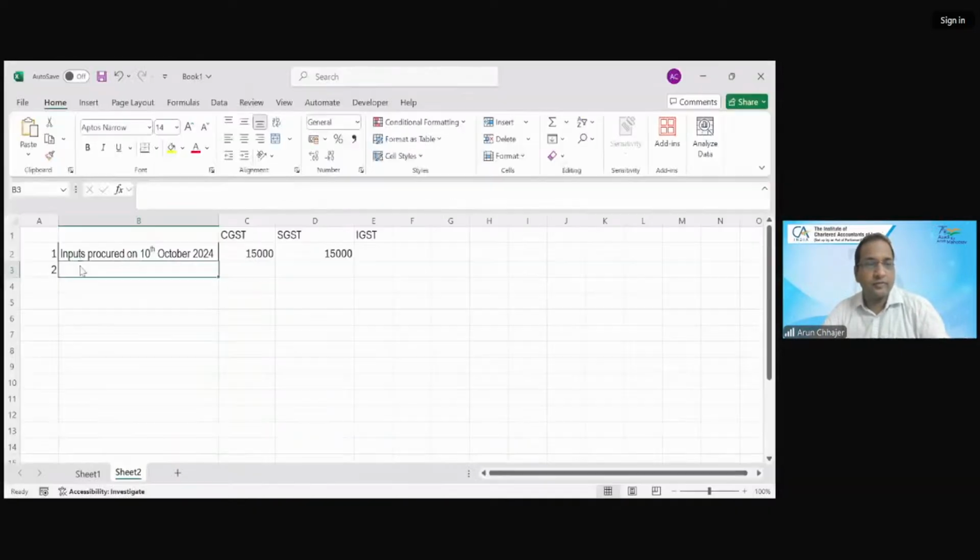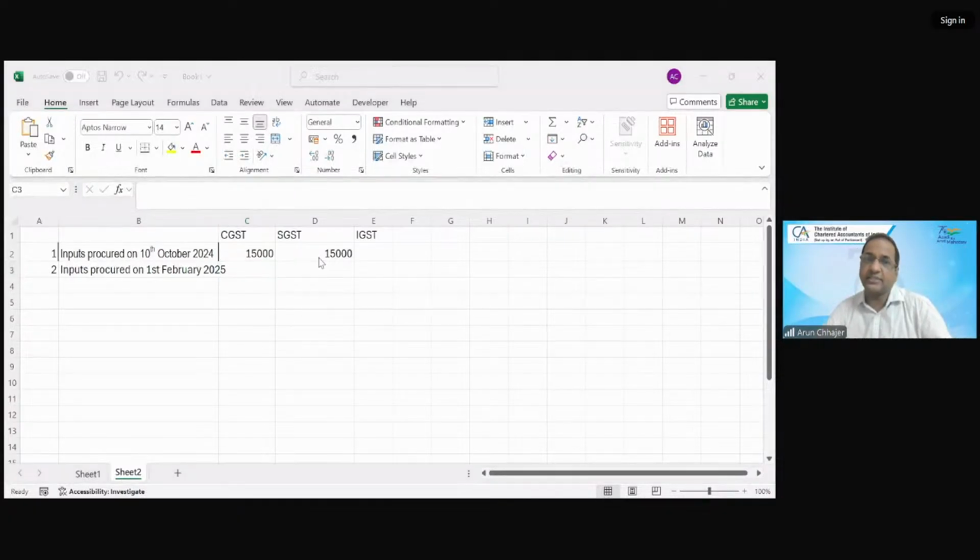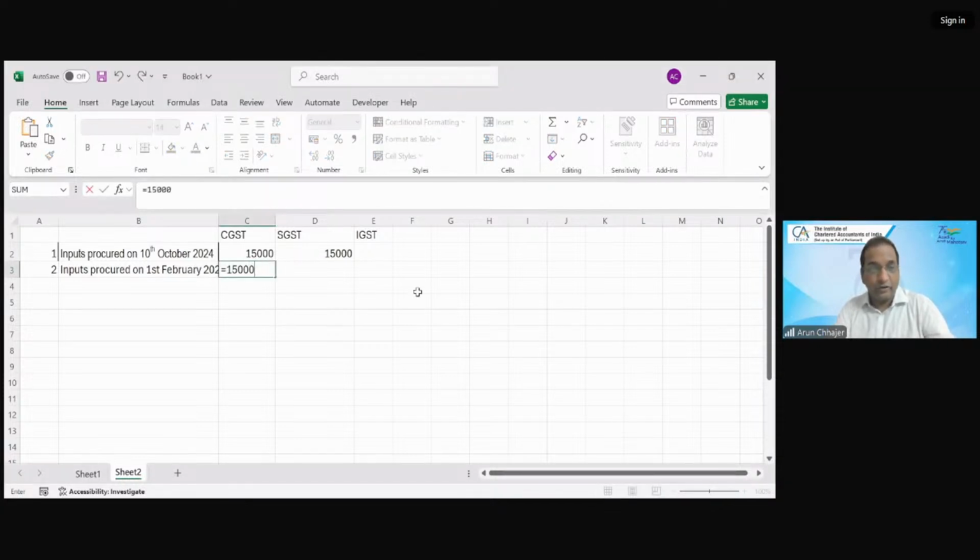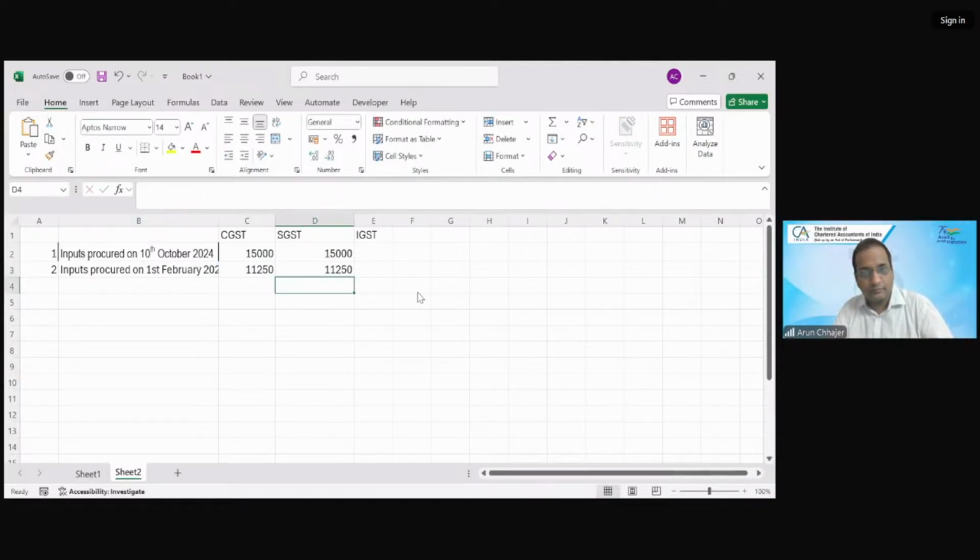So, input procured on this date. And what is the point? It is the CGST and SGST 1,50,000, 7.5%. Value is 7,50,000 multiplied by 7.5%. ठीक है, I hope it is clear.